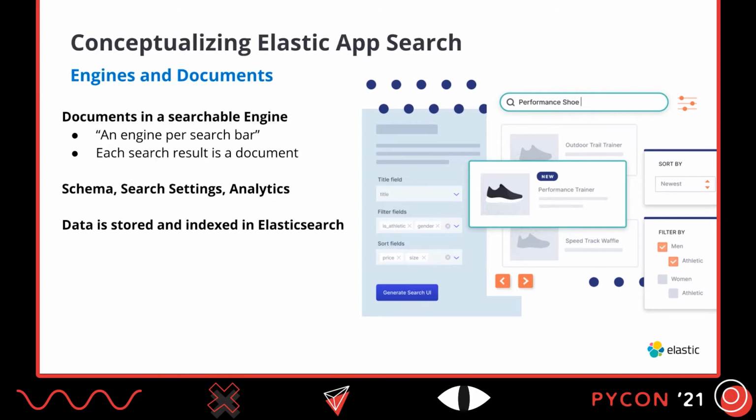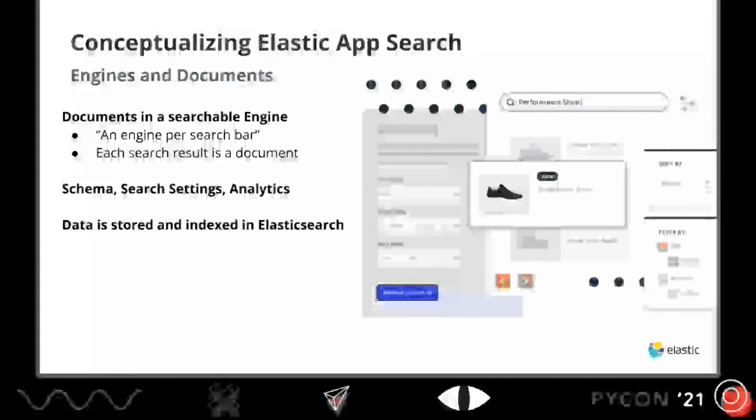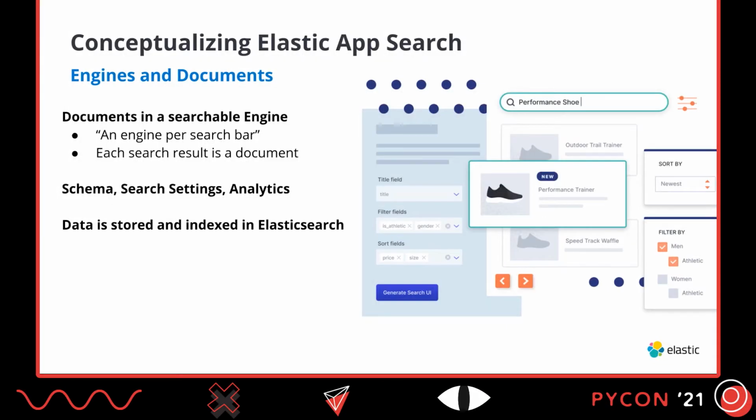The best way to think about App Search is the heart of a search bar in your web application. App Search has two conceptual units: engines and documents. Documents are data that describes something that you want to be a result of a search made by a user. And then engines are a collection of documents along with settings about how to interpret and rank the data within a document. The way an engine interprets the data within documents is called the schema.